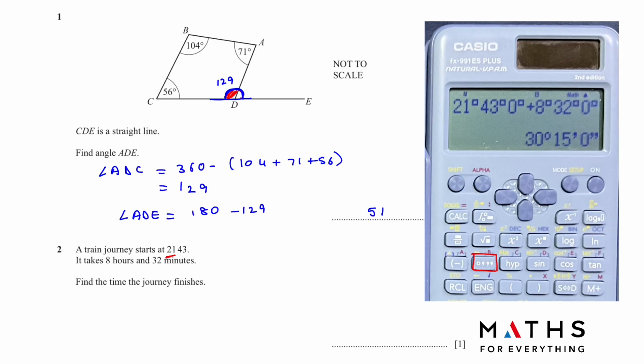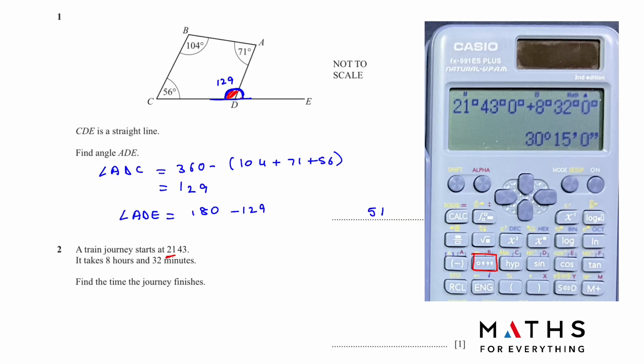And then you write 43, and again you press the same button, and then you put 0 because we don't have seconds, and you press the button, plus 8 hours and 32 minutes. So 8, press the button, 32, press the button, 0, press the button.